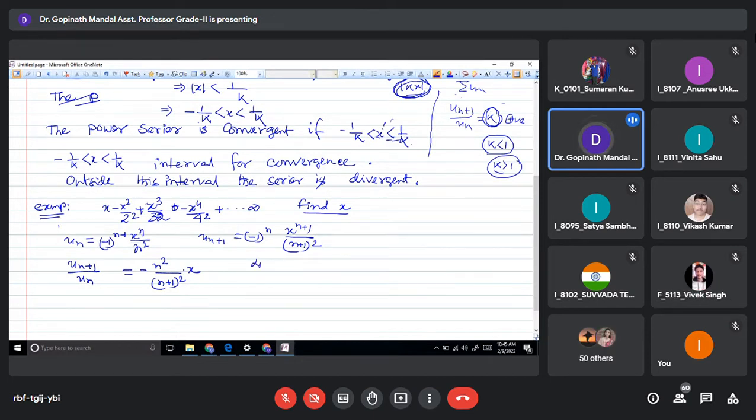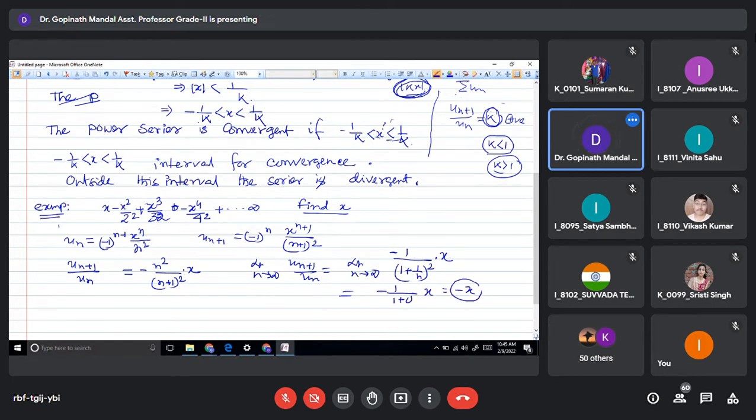If we take the limit, this will be minus of 1 plus 1 by n square into x. So the limit is 1 plus 0 into x, that is minus x.